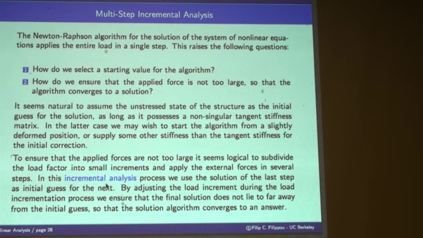To ensure that the process converges, we have to use a small enough step size. Because we have no way of knowing that step size, other than having run a linear analysis before, and even then we may not be able to quite assess what's going to happen, the best thing is first to do a multi-step incremental analysis, and secondly to use some kind of load factor control.